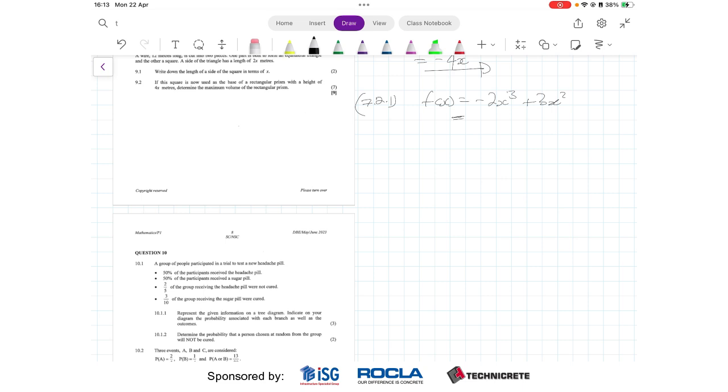Using our power rule, let me do this step by step. This is going to be minus 3 into 2x to the power 3 minus 1 plus 2 into 3x to the power 2 minus 1. This will thus be minus 6x squared plus 6x.